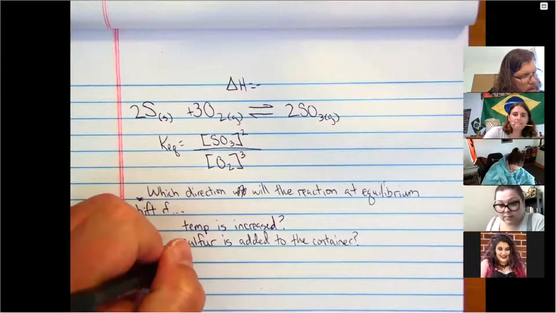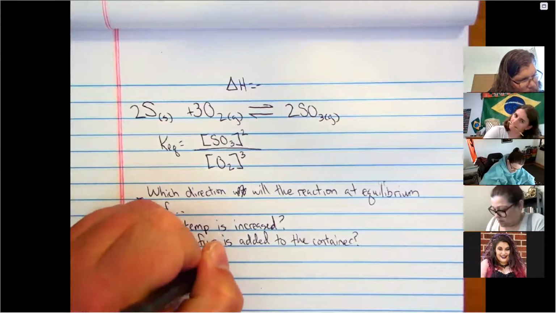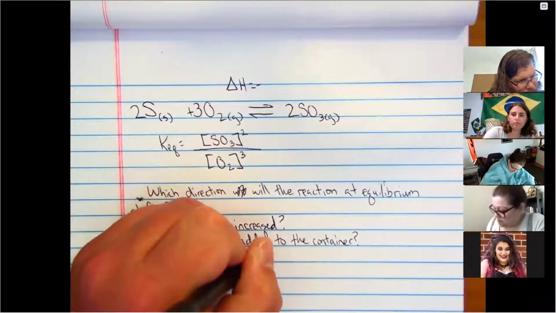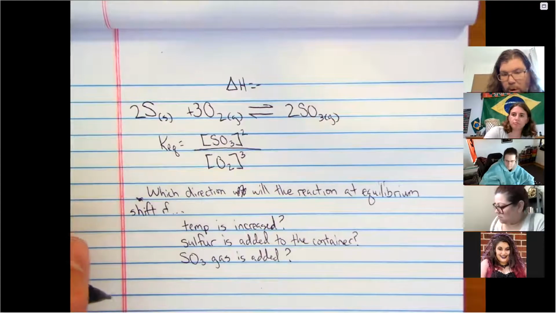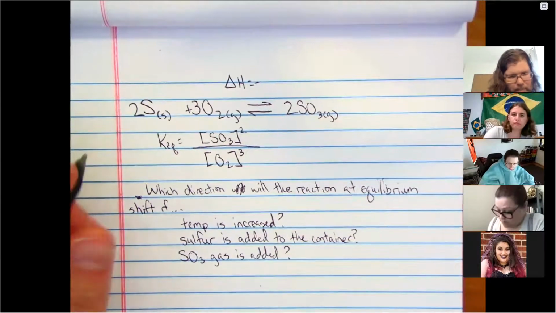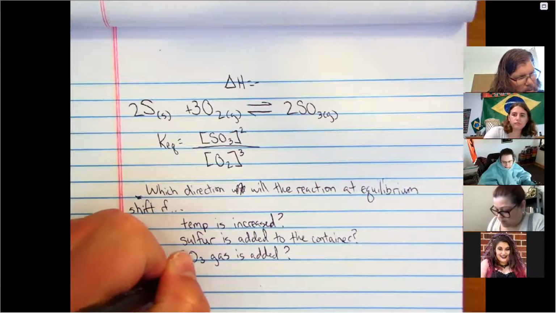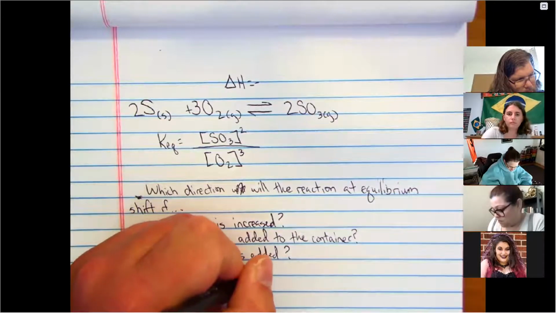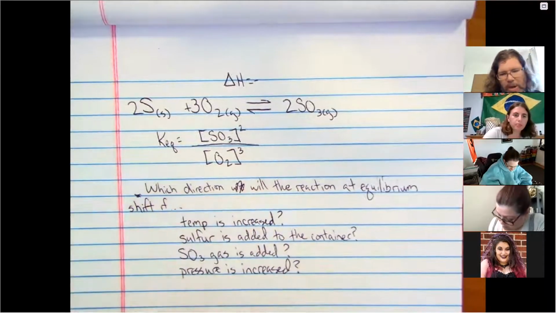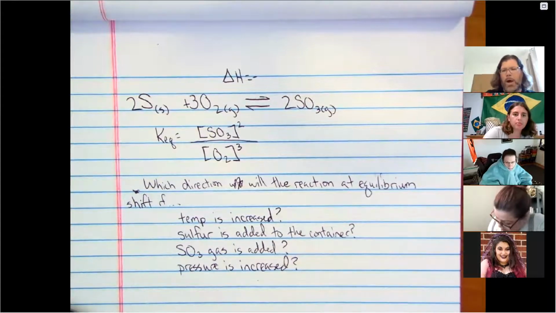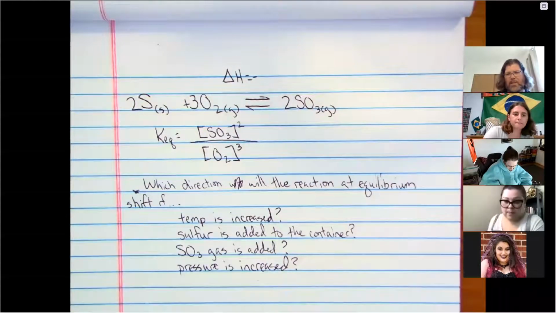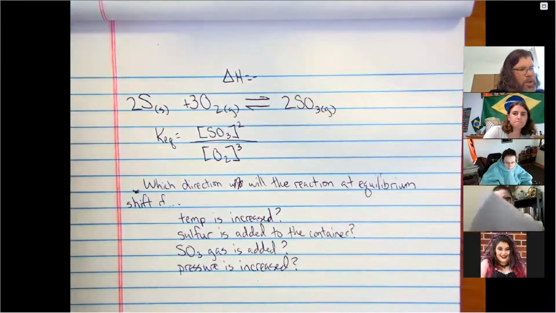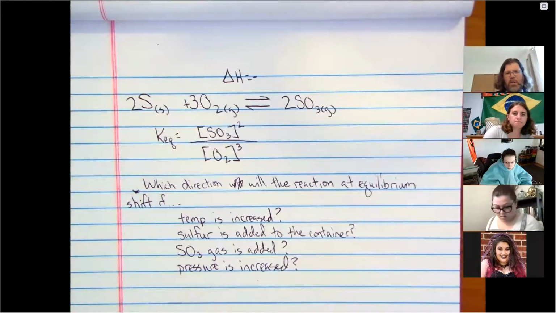If we add more SO3 gas to the container? If we increase the pressure? All right, take a second. Don't answer any of these out loud. Make your predictions. For each one of these, which direction will the reaction shift if it's at equilibrium, and then we mess it up each of these ways.